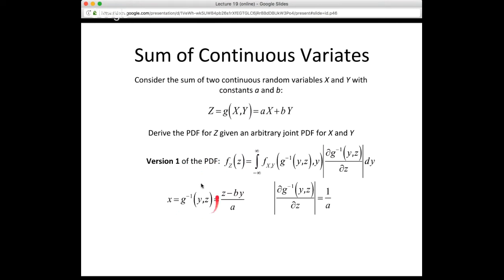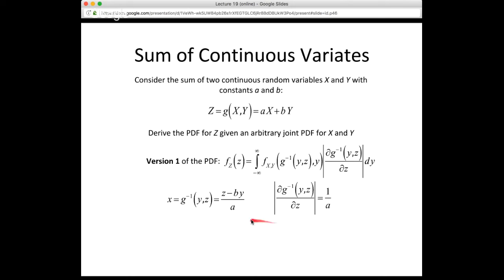Now that I've got my inverse function, g inverse of y,z, I can take its derivative with respect to z. Of course, by is just a constant with respect to that derivative, so I'm left with 1 over a, because I just have the partial derivative of z over a with respect to z, which is equal to 1 over a.